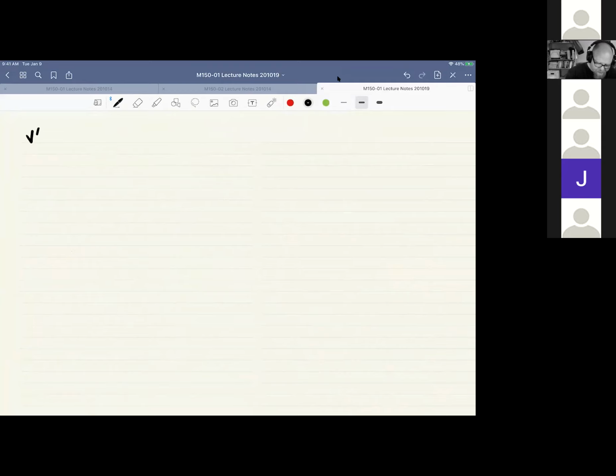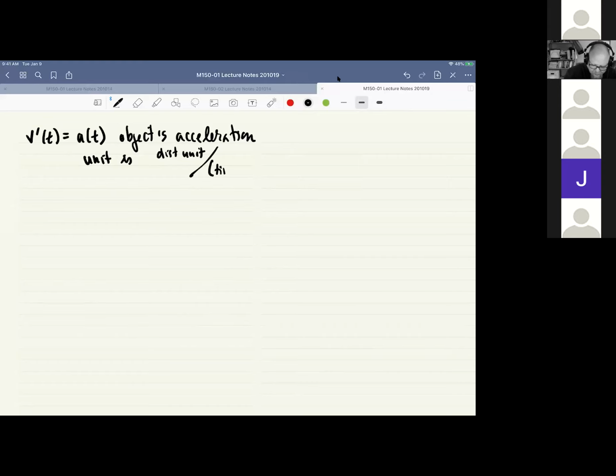If velocity is differentiable, we say the derivative of velocity is the object's acceleration. The rate of change of velocity is acceleration. And the unit on acceleration is the distance unit divided by the time unit squared.